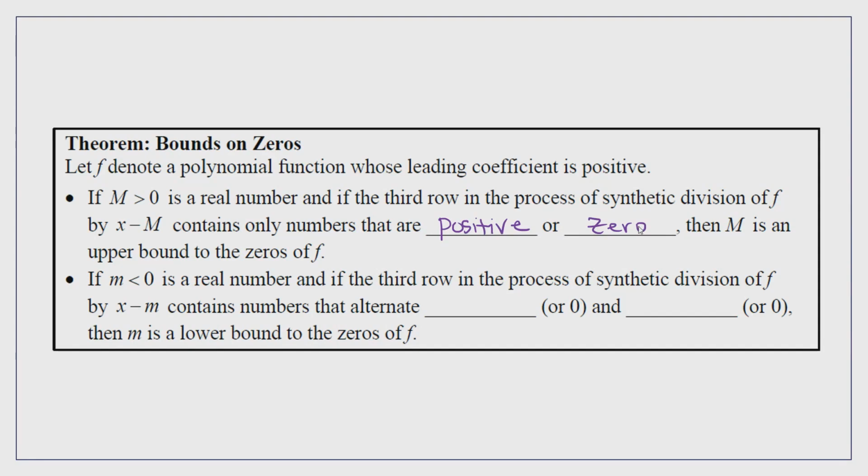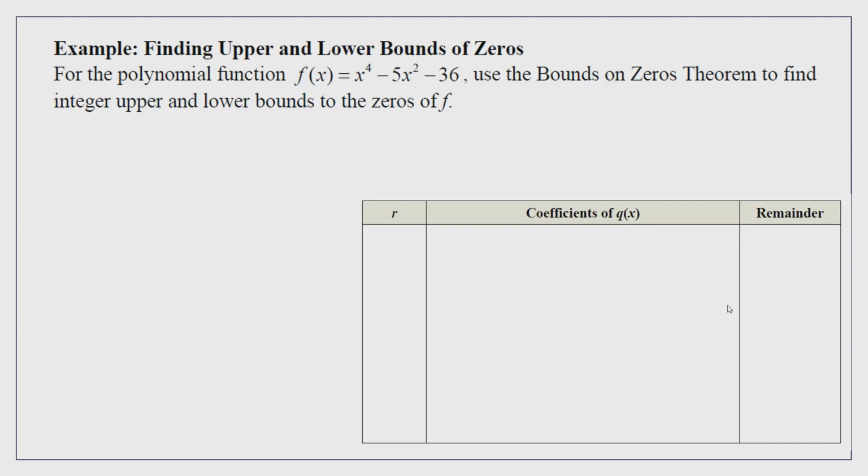If lowercase m is less than 0, is a real number, and if the third row in the process of synthetic division of f by x minus m contains numbers that alternate positive or 0 and negative or 0, then m is a lower bound to the zeros of f. I know that probably didn't help you much. So let's do an example.